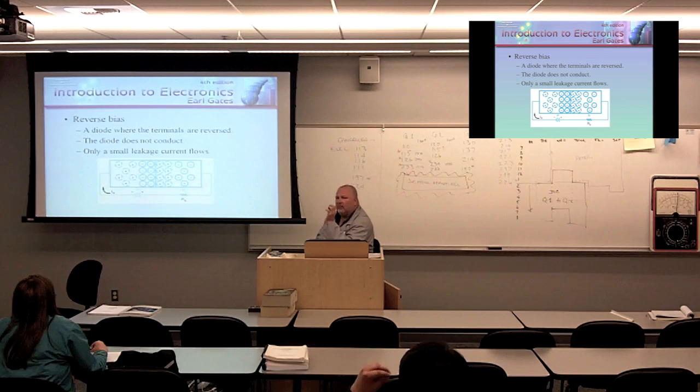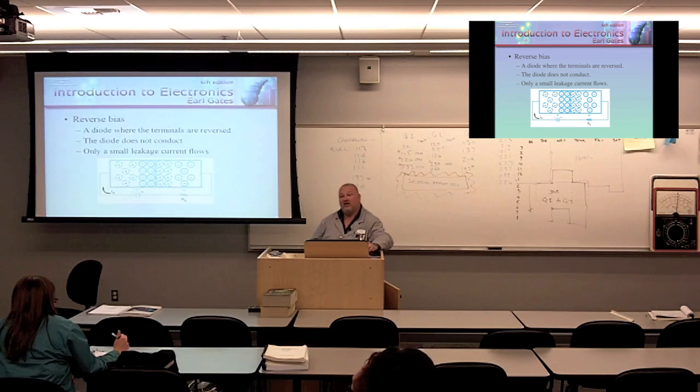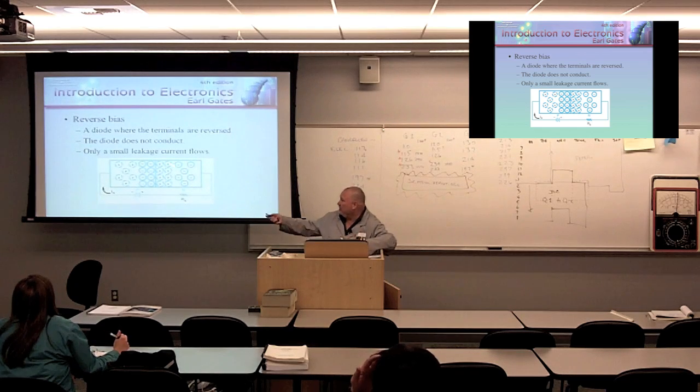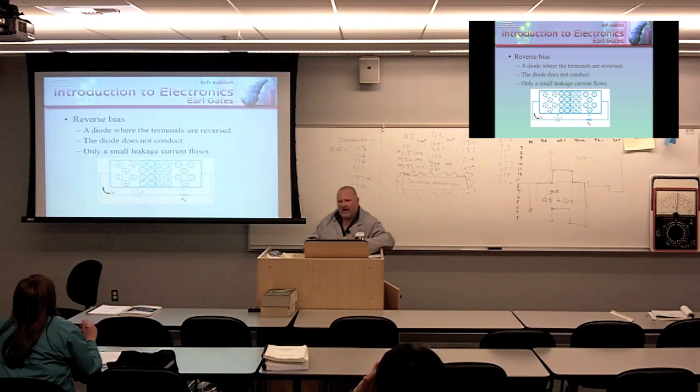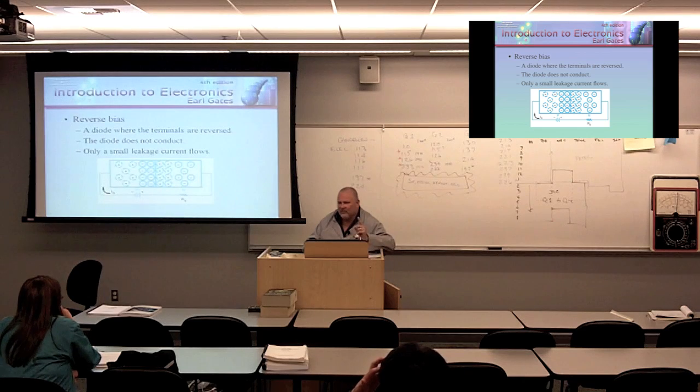There is going to be a small amount of current that flows, and what we're going to call that is leakage current, but it's going to be really, really small. You'll also see a little bit of current flowing because what are we doing here? What's happening to the size of the depletion region? It's getting bigger. So if it's getting bigger, how could it possibly be getting bigger? Something must be flowing.